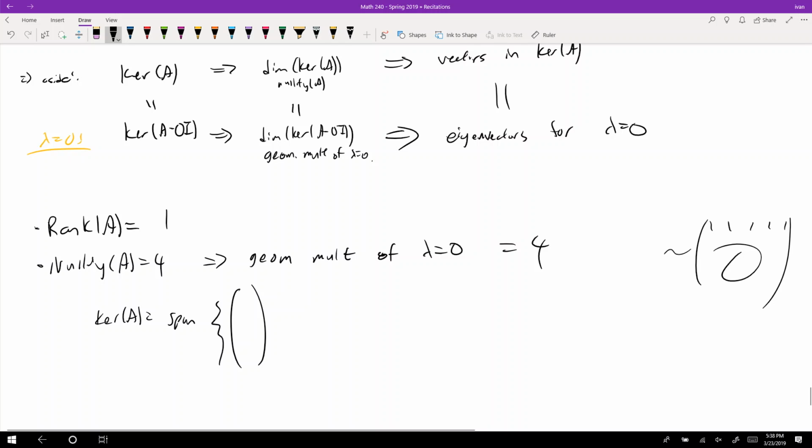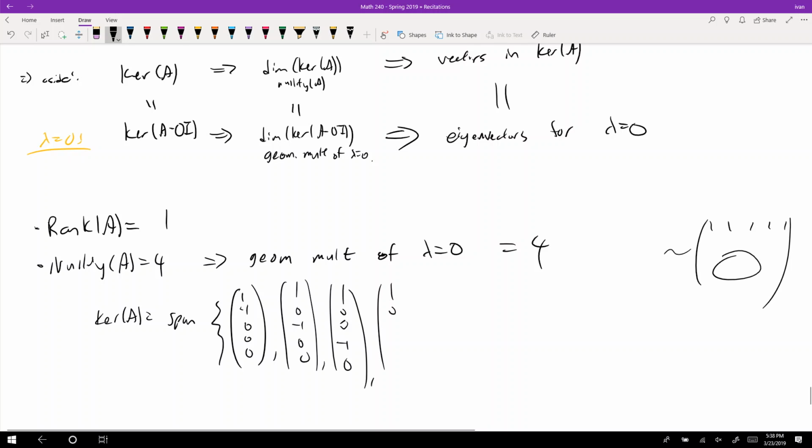And so now we need 4 vectors that span this kernel. One way to do it is, let's say 1, negative 1, 0, 0, 0; 1, 0, negative 1, 0, 0; 1, 0, 0, negative 1, 0; and 1, 0, 0, 0, negative 1. Okay, you can do it with free variables if you really wanted to.